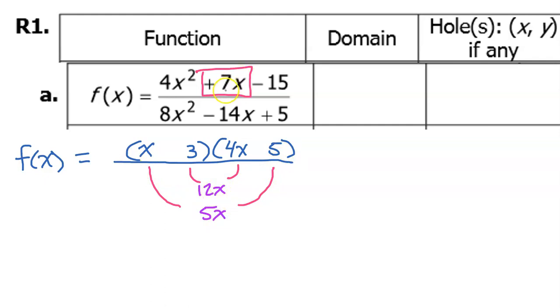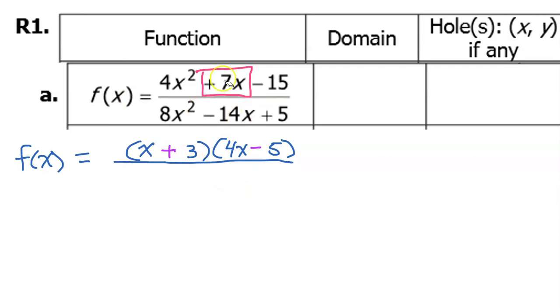Remember, I'm shooting for a middle of positive 7. I can get a positive 7 out of this if I make the 12 positive and the 5 negative. That corresponds to a positive here and a negative here. One more thing to check, positive 3 times negative 5 does make negative 15. So we factored the numerator.